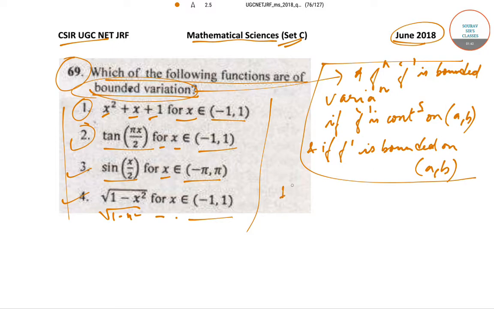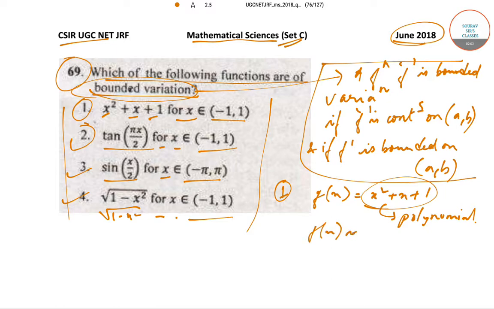In option 1 it has been given that f of x is equal to x square plus x plus 1. As we know, this is a polynomial, and polynomials are always continuous everywhere on the real number set. So therefore f of x is continuous on minus 1 to 1.